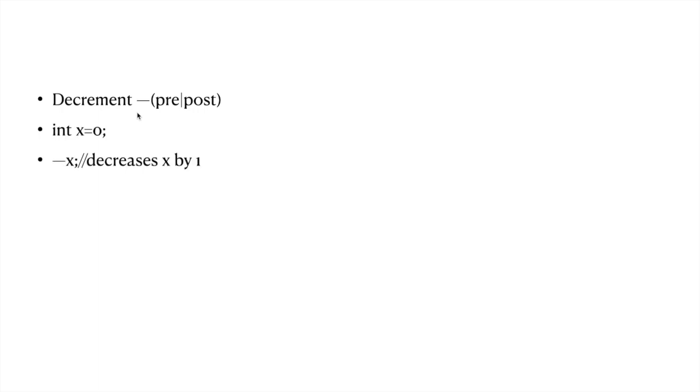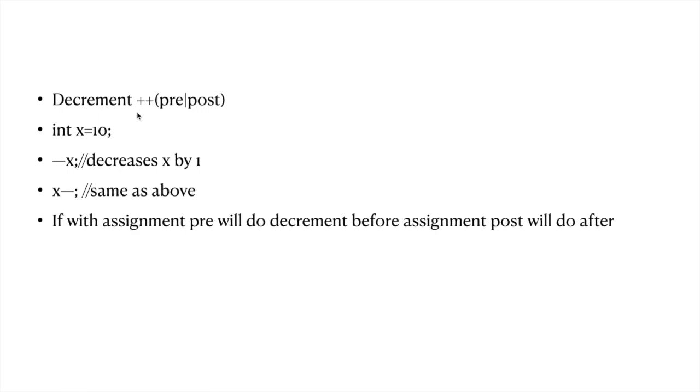Here it decreases x by 1, and if you assign the decrement operator to a value and assign it to another variable, then if it is pre-decrement, that means before the variable, it will decrease the value of the variable and assign it to the left side variable.